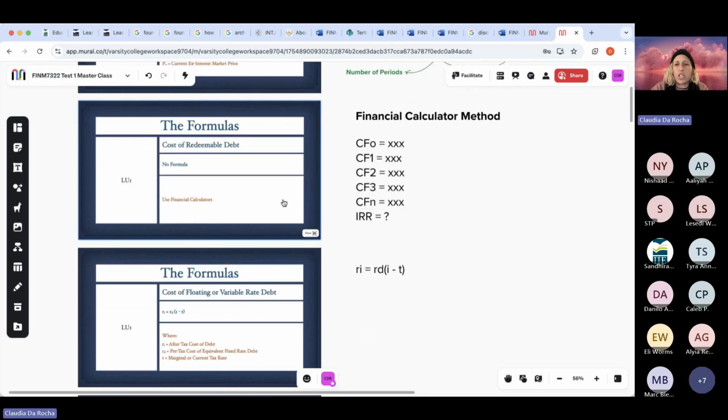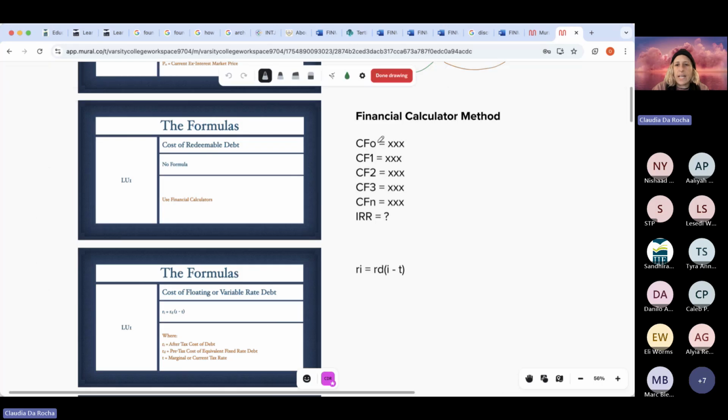Okay, so let's move on to the cost of redeemable debt. So like I said, you use a financial calculator. In essence, in your present year, or CF0, cash flow zero, you're going to put the current value of your debt.